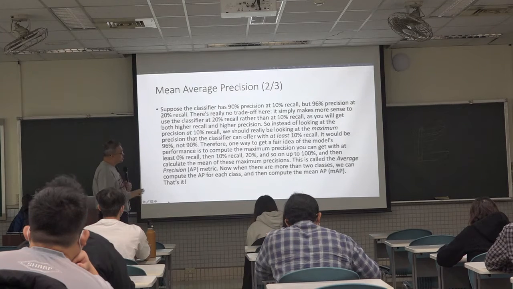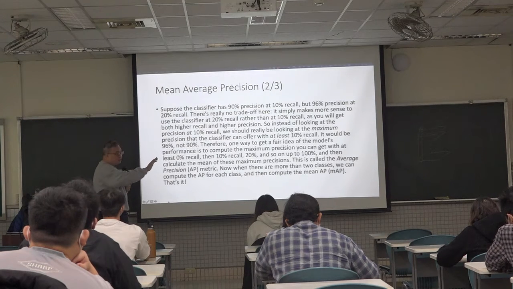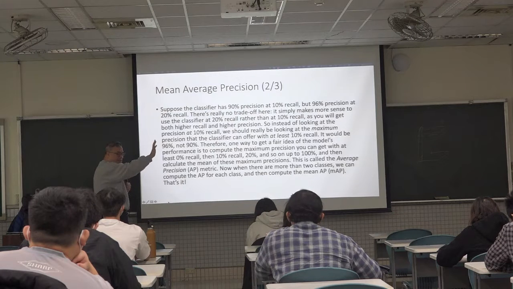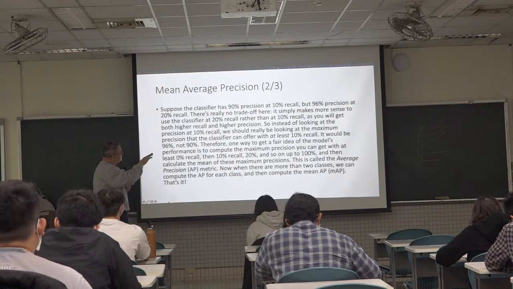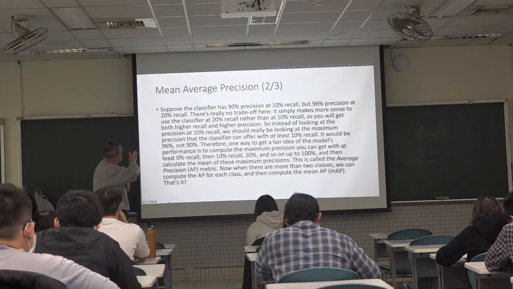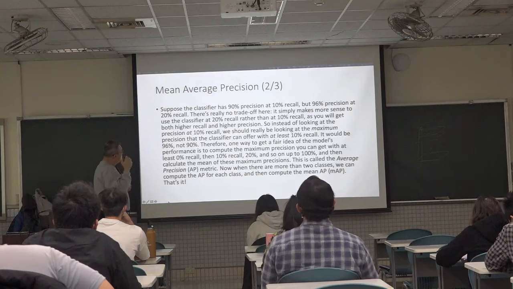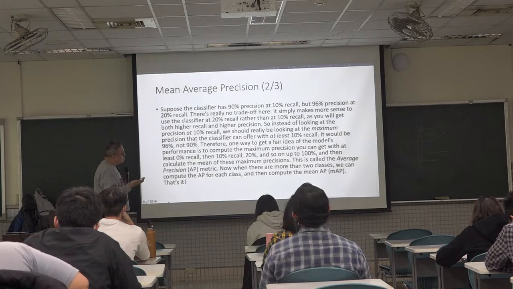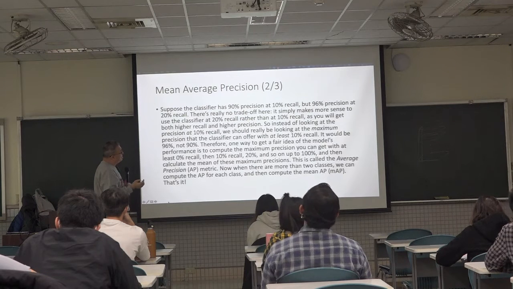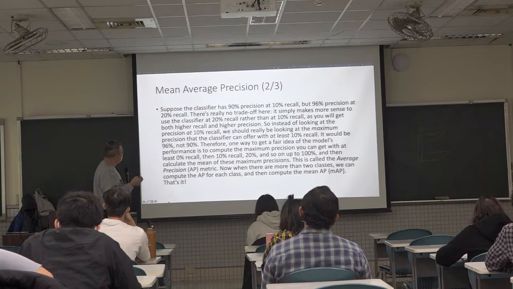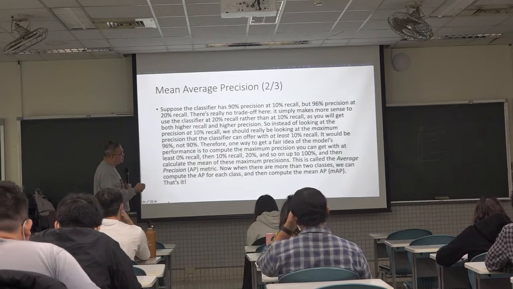Of course, I'm not describing that figure. That figure is different from this one, but let's assume we have such a situation. So there's really no trade-off, because both precision and recall increase.